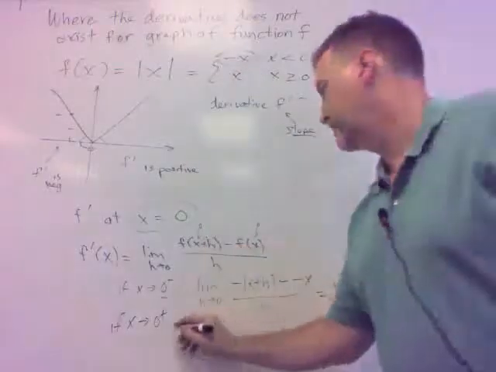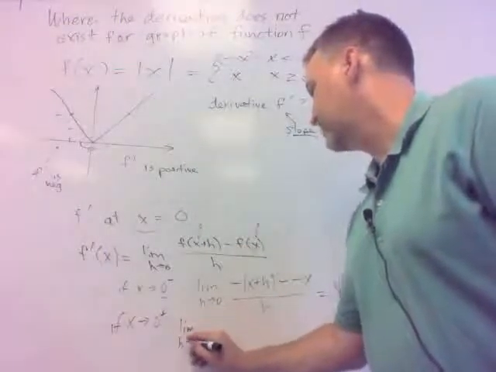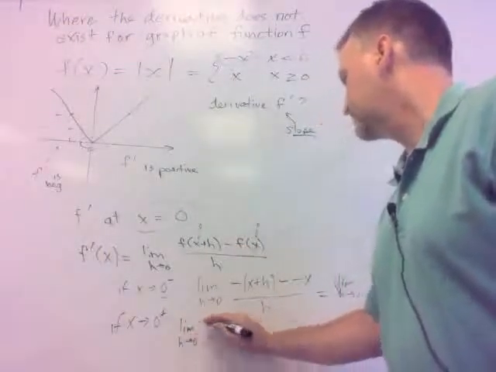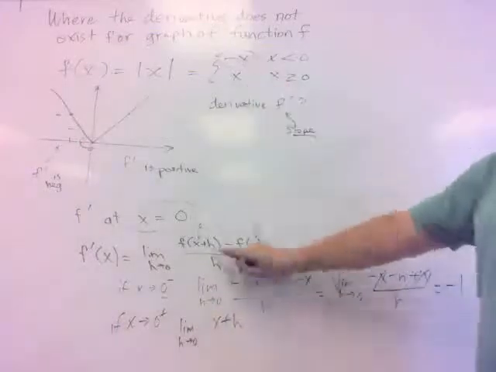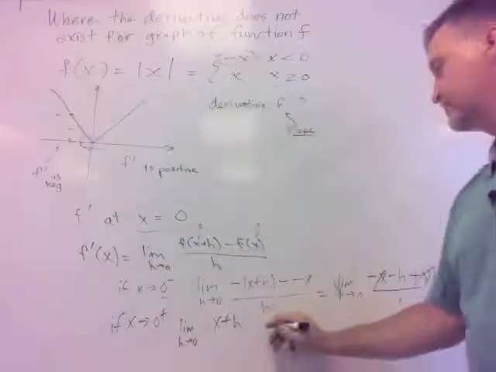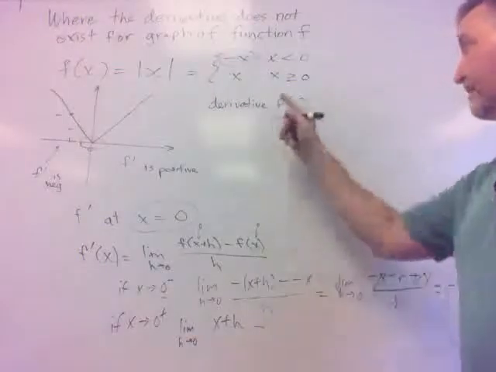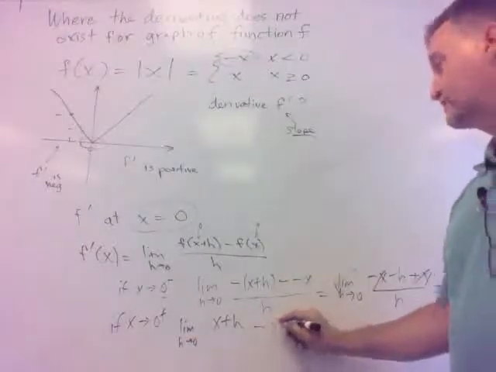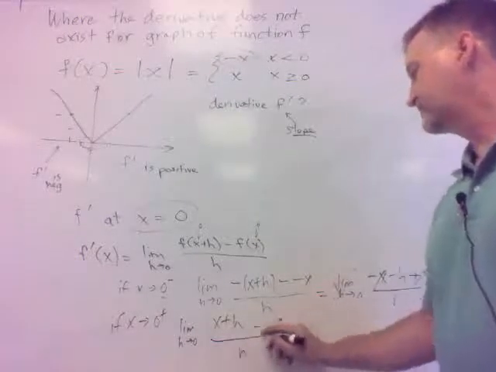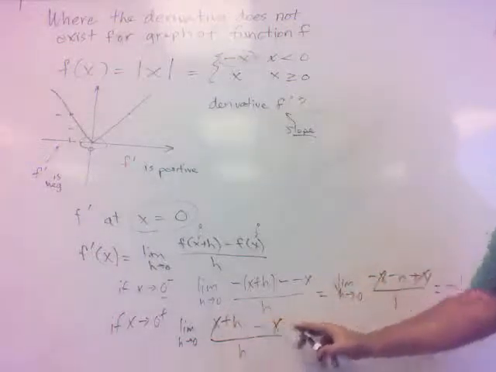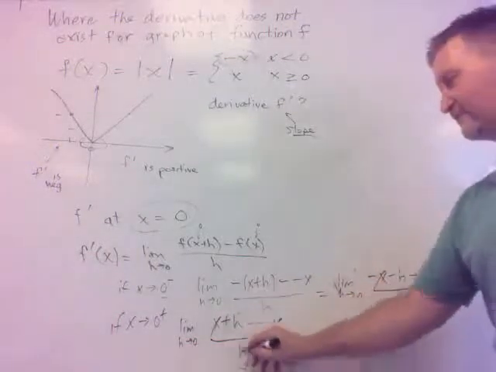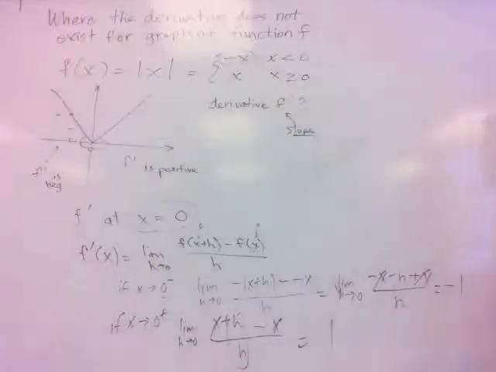So this limit becomes the limit as h approaches 0 of x plus h, minus f of x, which is just x. The x's still cancel, but what does that leave me with? h over h, which is positive 1. You see the problem there?